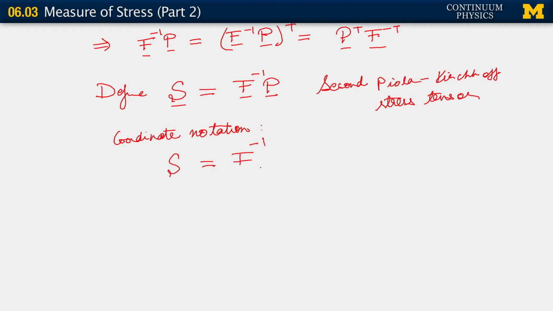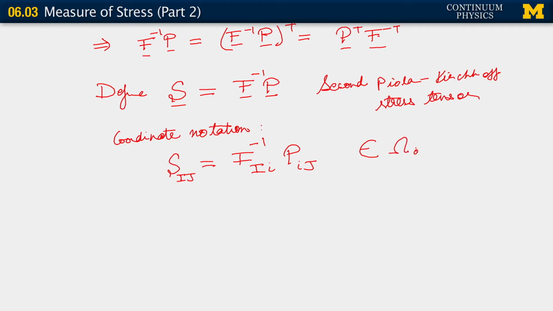We know that the indices of F inverse are of the form capital I, little i. We know that P has indices little i, capital J. The little i gets contracted away, and we are left with indices capital I, capital J. Okay? So this quantity properly has both its indices on the reference configuration.